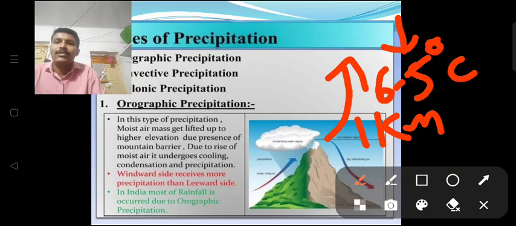Condensation means the change of state of water vapor into a liquid or solid state of water. When it cools down, precipitation comes from the atmosphere to the earth's surface. The windward side receives more precipitation than the leeward side. In India, most of the rainfall occurs due to orographic precipitation.